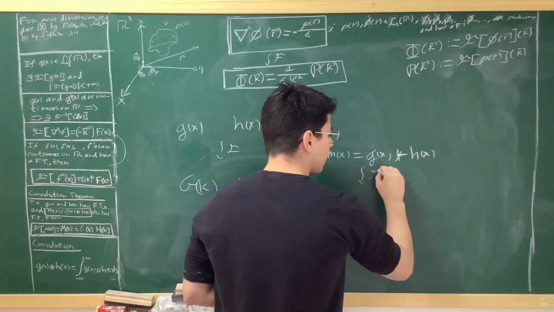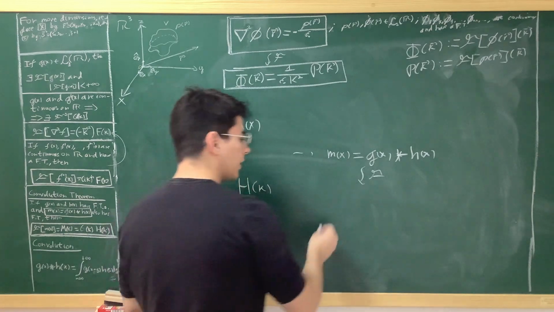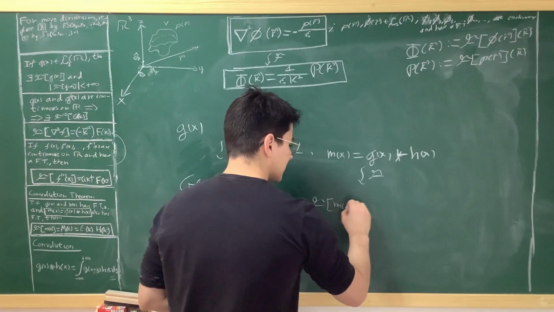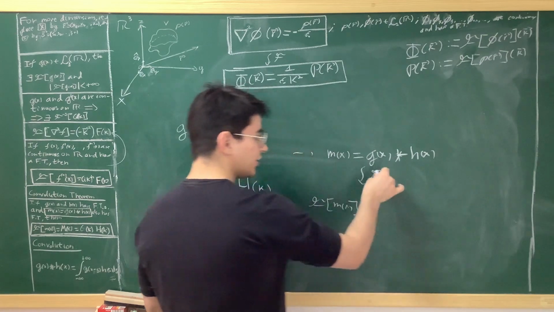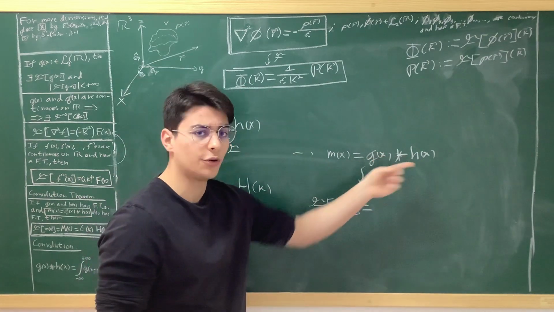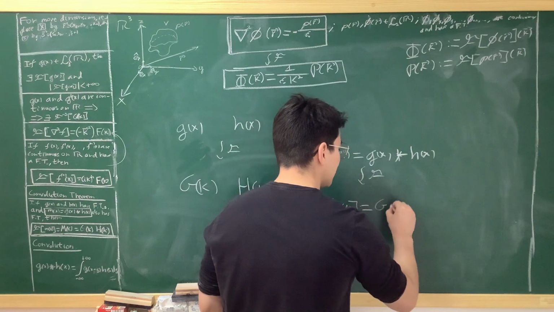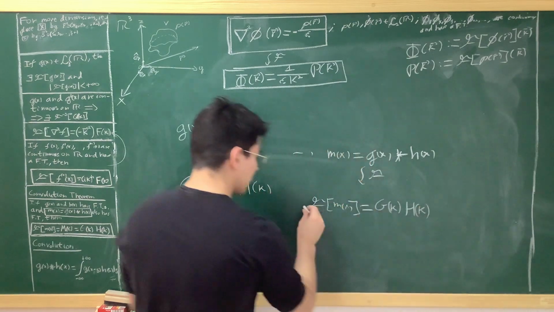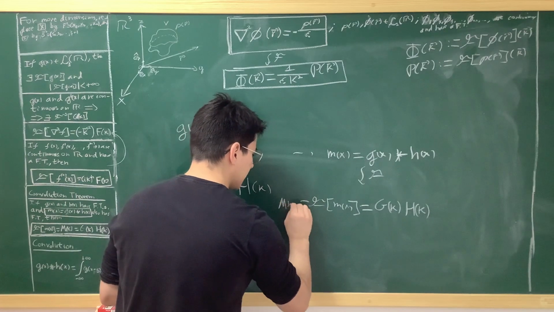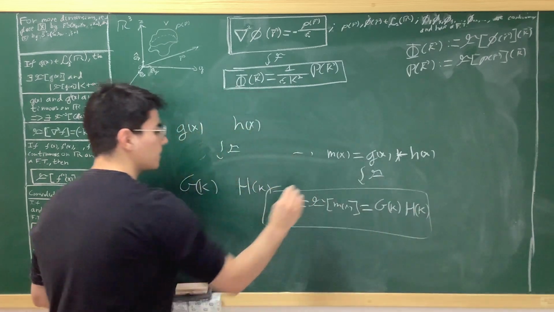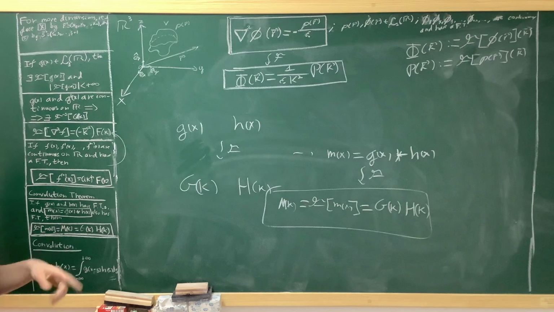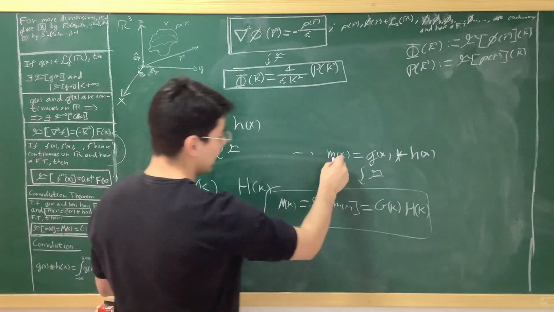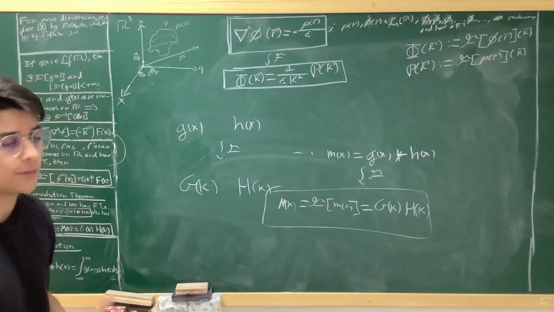Then by taking the Fourier transform of both members, we get that the Fourier transform of m of x is just the product of these two Fourier transforms. So the product of g of k times h of k, and we're going to define this as capital M of k. So this is what we get. Of course, g and h need to have Fourier transforms, and m also needs to have a Fourier transform.